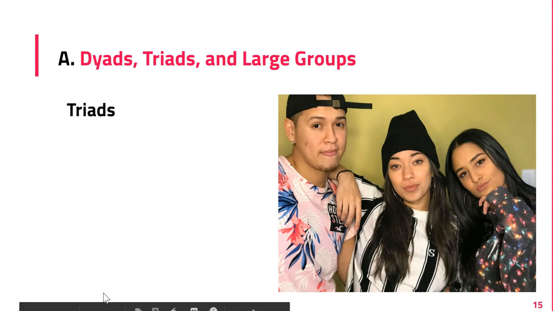A triad is a group of three persons, for example a married couple with a first child, or a group of three friends. Triads are stronger than dyads, but are still extremely unstable.